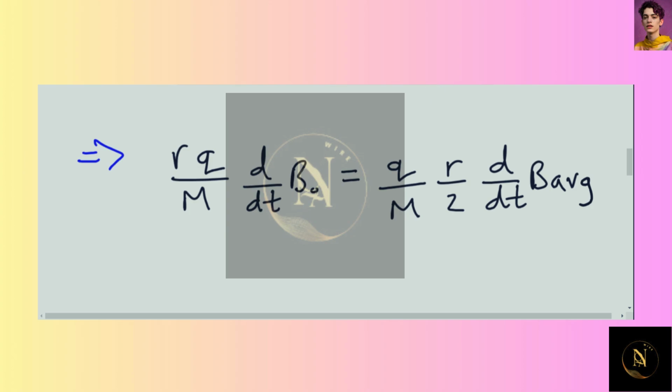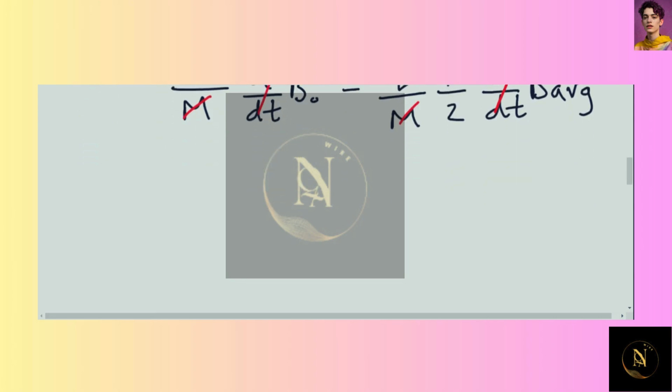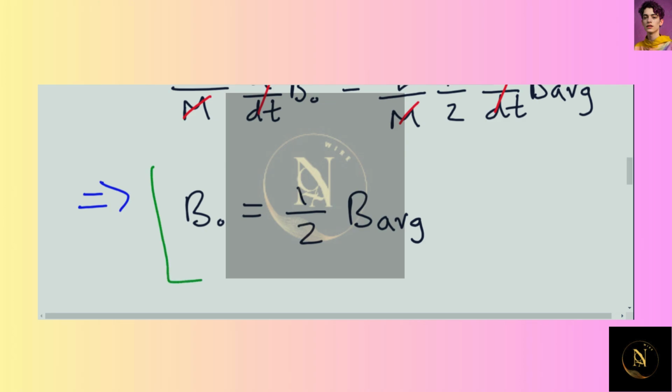We can cancel a few things here, so we can get rid of the R's, the Q's, the M's, and the d/dt's on both sides. So then we're just left with, on the left side, B naught. On the right side, we still have 1/2 times the B average, which is the exact equation we're looking for.